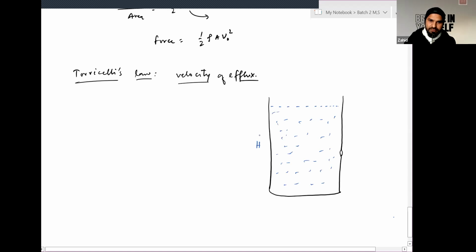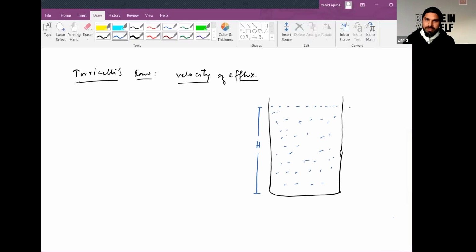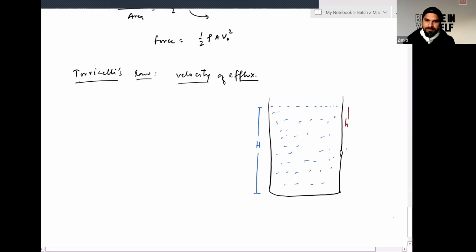Let's say height of this level of liquid from bottom is H, and point at which hole is cut out from this top surface is h.